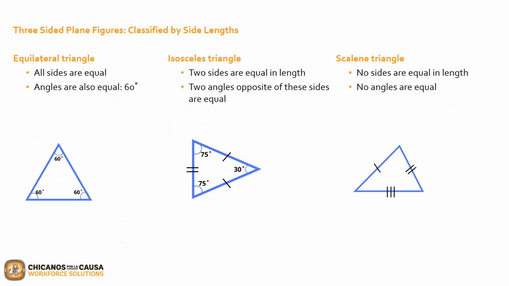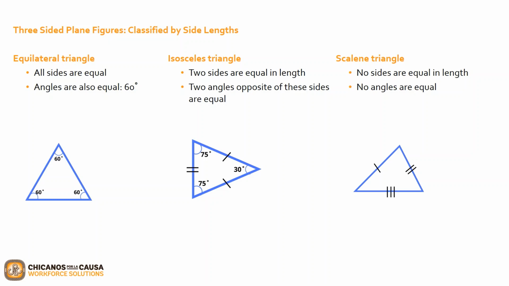Let's look at different types of three-sided plane figures. These three-sided plane figures are classified by side lengths. In the first one, we have an equilateral triangle. Just like its name says, equilateral means equal.